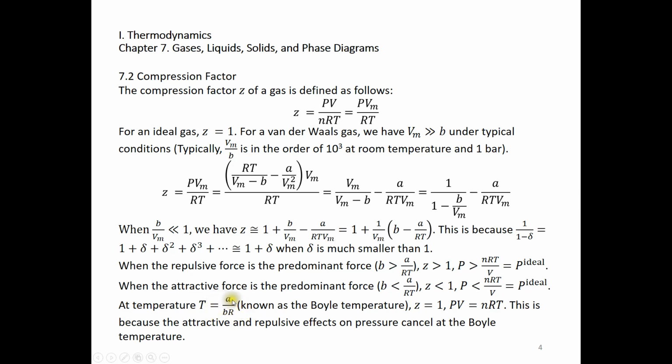And this temperature is called the Boyle temperature. So at the Boyle temperature, PV is equal to nRT because of the cancellation between the attractive effect and the repulsive effect in the van der Waals equation.